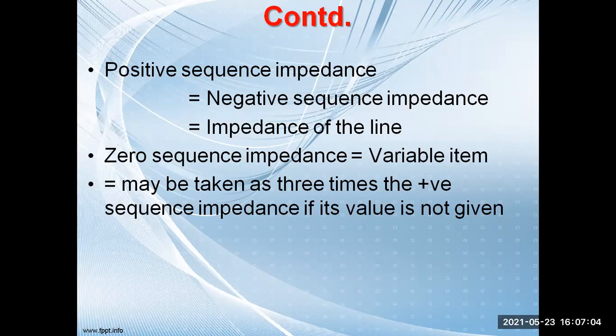And next is the zero sequence impedance. It is again a variable item and may be taken as 3 times the positive sequence impedance if the value is not given. So for the transmission line, this value is very high, and that's why the zero sequence impedance will be equal to 3 times the positive sequence impedance.